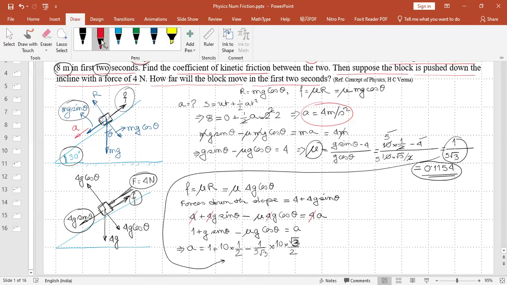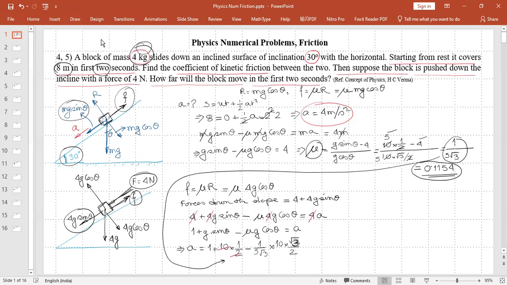Here, the root 3 gets cancelled, 2 into 10 makes 5, and the 5 and 5 finally get cancelled. It is equal to 1 plus 5 minus 1, which is 5 meter per second square. So this is the acceleration.